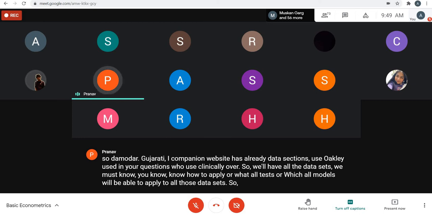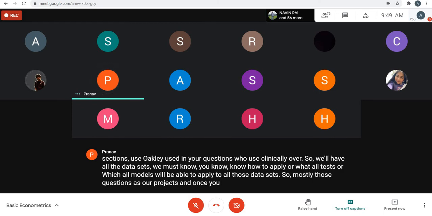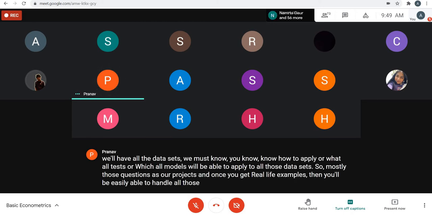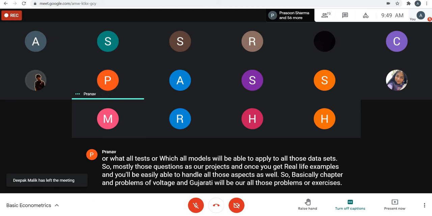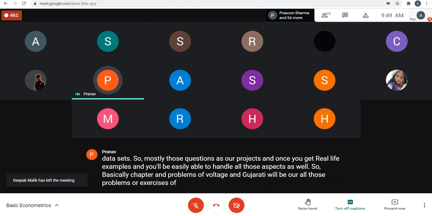So mostly we'll treat those questions as our projects, and once you get real life examples, then you'll be easily able to handle all those aspects as well. So basically chapter end problems of Wooldridge and Gujarati will be all those problems or exercises of econometrics using R. Chalega? Yes, sir. Got it. Yeah.